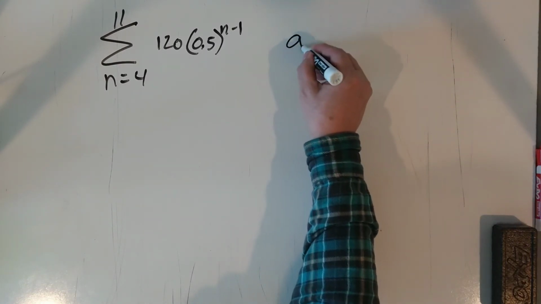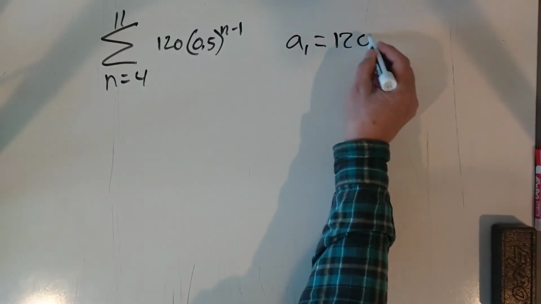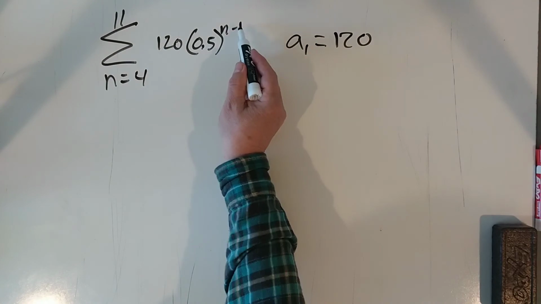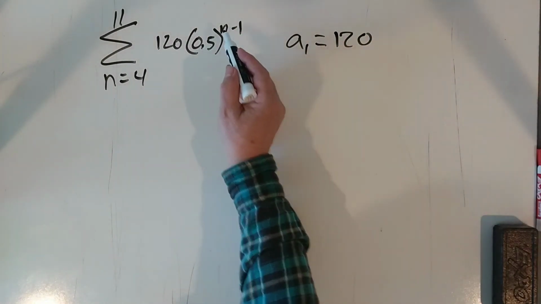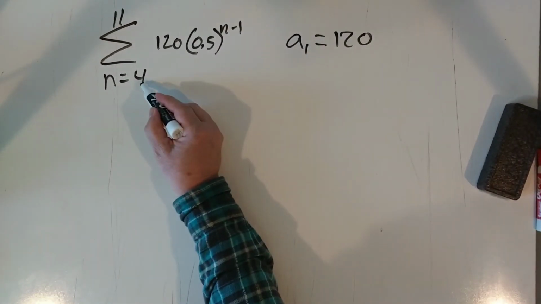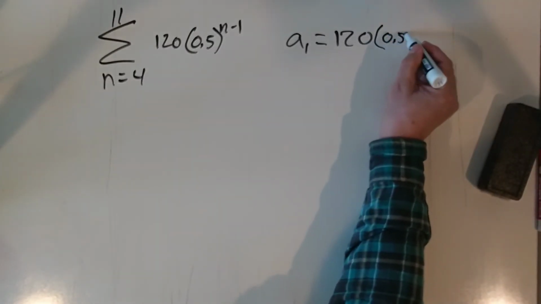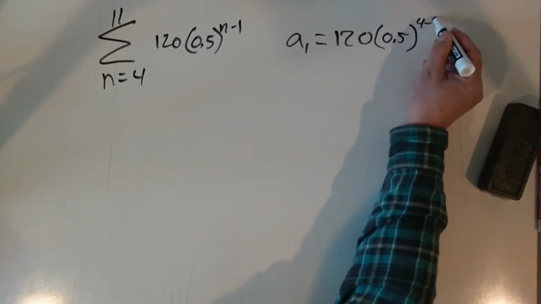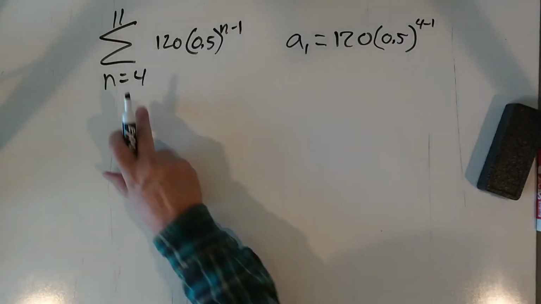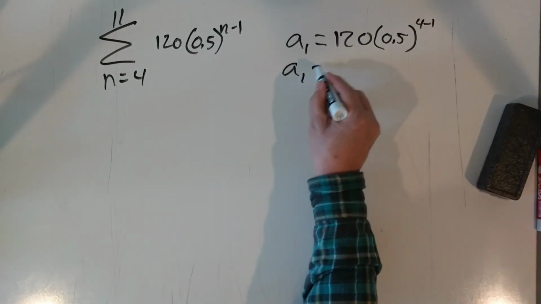And so the first term is equal to 120, because 1 minus 1... that is not right. I've got to go to the first term where n is 4. So it's going to be 0.5 to the 4 minus 1. I almost made a mistake, which is commonly done: the first term of this is not a 1, it's a 4.